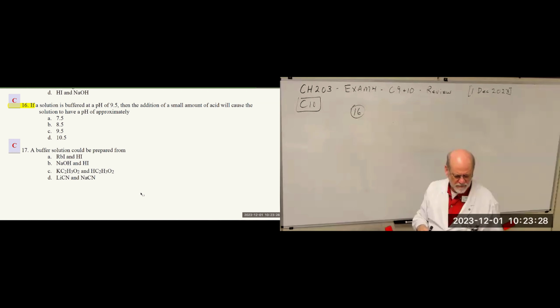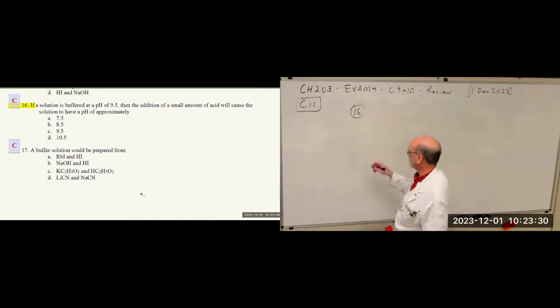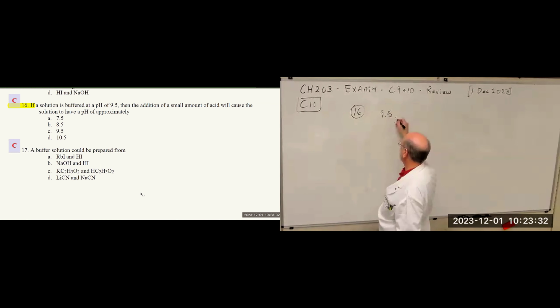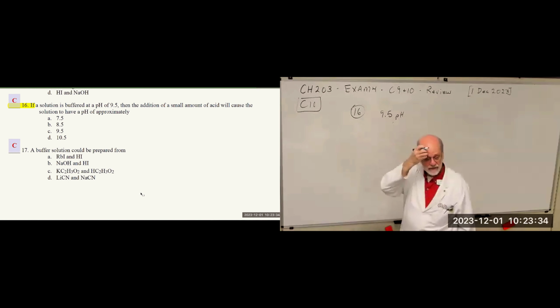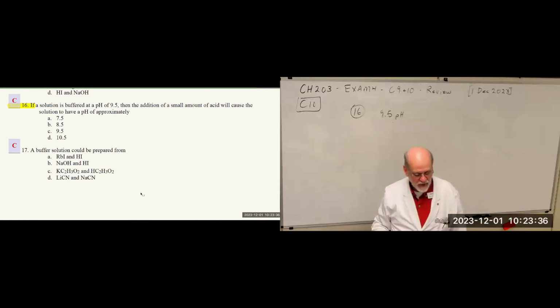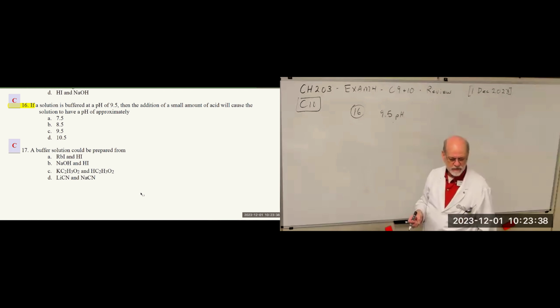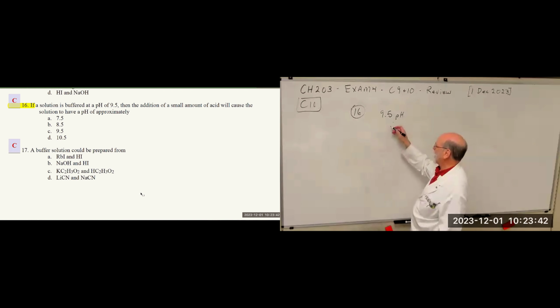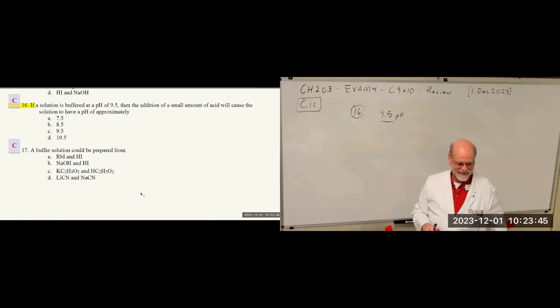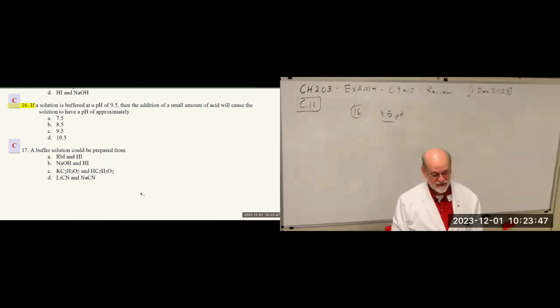If a solution is buffered at a pH of 9.5, then the addition of a small amount of acid will cause the solution to have a pH of approximately 9.5. If it's buffered at that pH, it's going to stay pretty close to that.